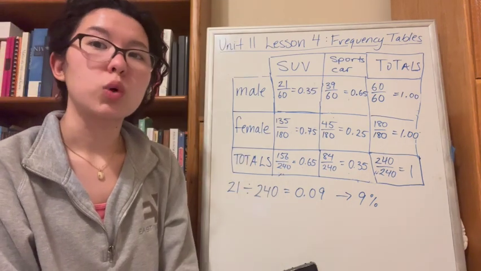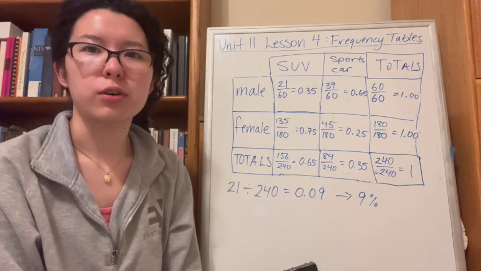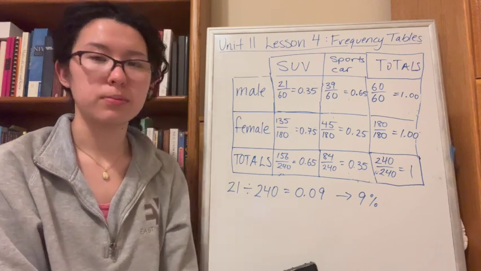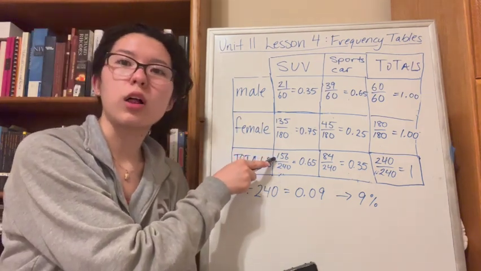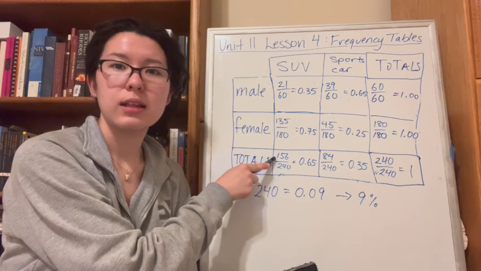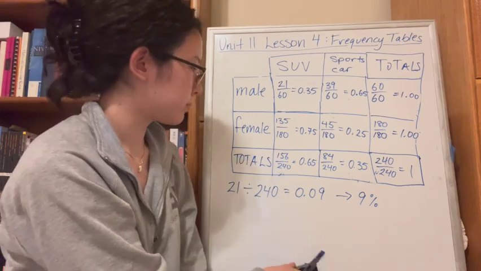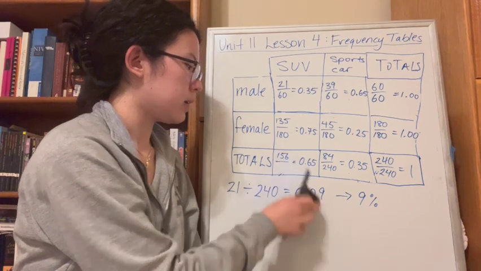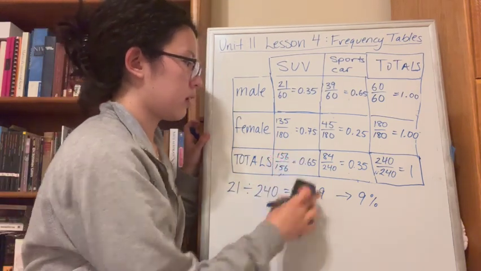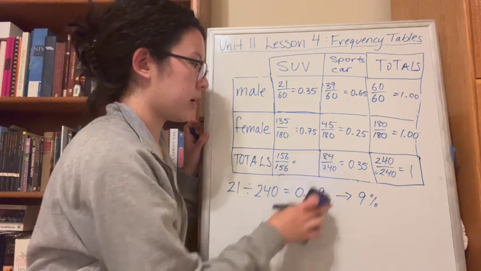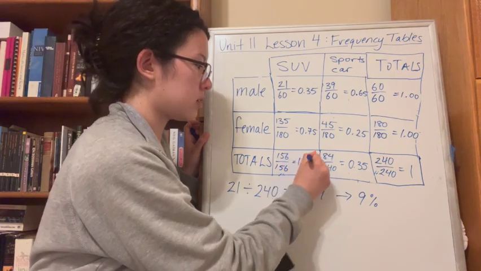So let's consider what total we'd be using for our first column of SUVs. We'd actually be looking at this number right there because overall 156 people said that they wanted SUVs. So this would become, down here, our 100%. I do 156 divided by 156 and get 1.0.